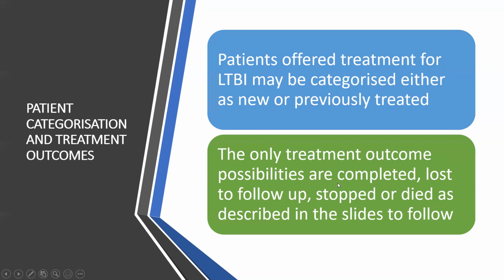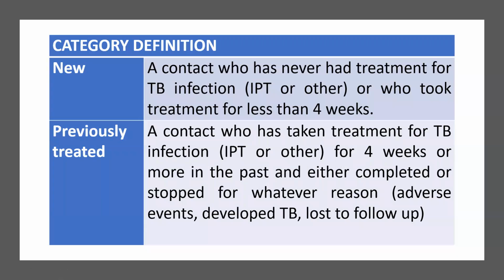The only treatment outcome possibilities are completed, lost to follow-up, stopped, or died, as described in the slides to follow. So you have to give a patient an outcome after the TPT: whether it was completed, or the patient was lost to follow-up, or stopped it, or passed away while on the TPT. So a treatment outcome has to be given.